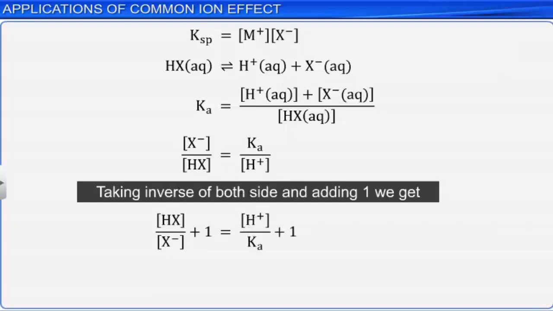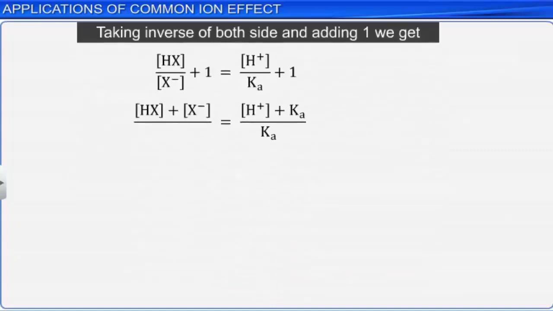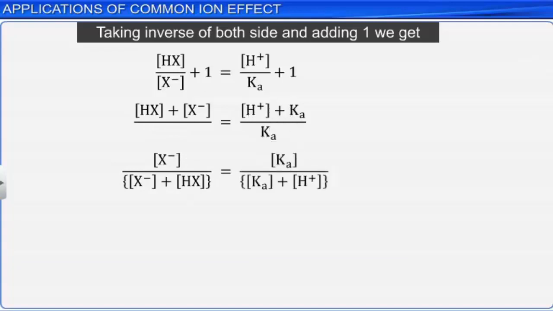This can be written as ([HX] + [X⁻])/[X⁻] is equal to ([H⁺] + Ka)/Ka. Now, on taking inverse, we get [X⁻]/([X⁻] + [HX]) is equal to Ka/(Ka + [H⁺]), which is equal to F. At a given pH, if the solubility is taken as S, then Ksp is equal to the product of S and FS.